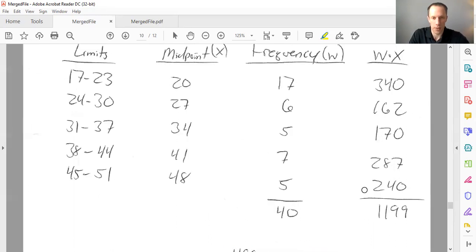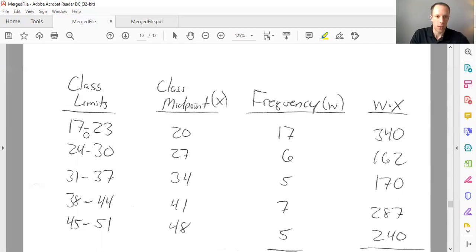Basically, what you're doing here is you're saying, okay, I know there's 17 numbers in the data set that are between the number 17 and 23. I don't know exactly what those numbers are, but 20 would be my best guess for them. So you're essentially putting the number 20 in the data set 17 times. And then you say, I know there's 6 numbers between 24 and 30. I don't know exactly what they are, but 27 would be my best guess.